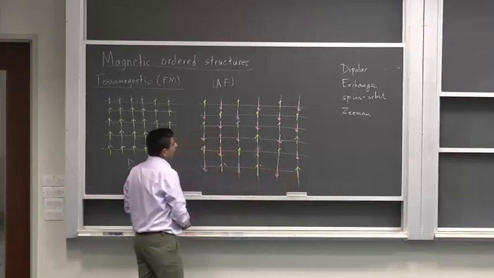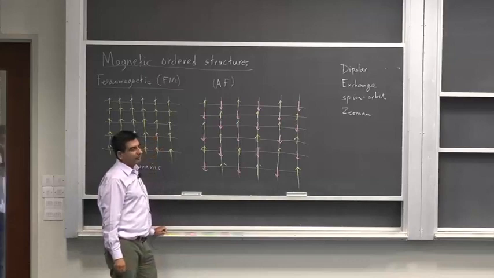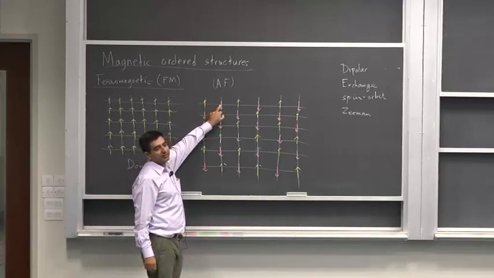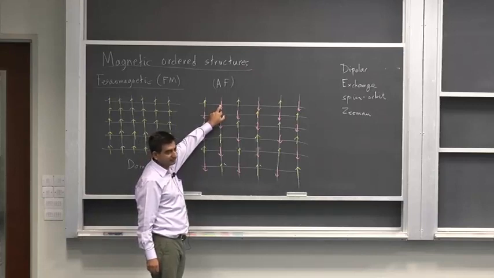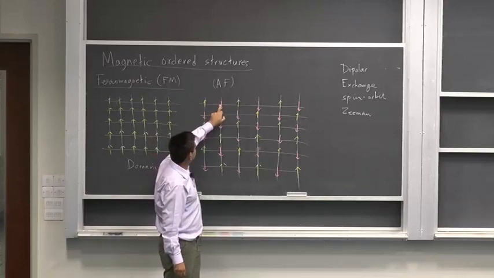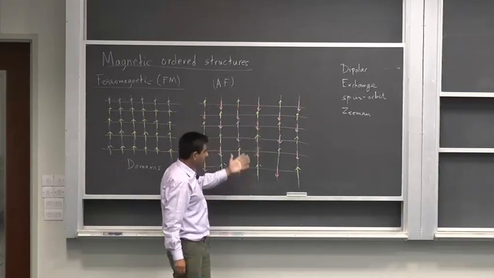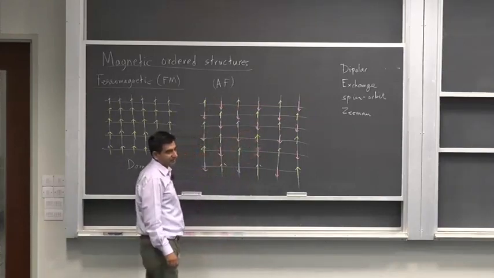So in this kind of ordering, we have spins on adjacent lattice points that are in opposite directions, that are anti-aligned. So this spin is anti-aligned with this spin. This pattern appears in this dimension as well as in this dimension as well as in the third dimension.